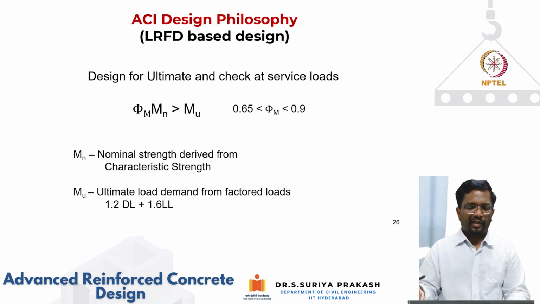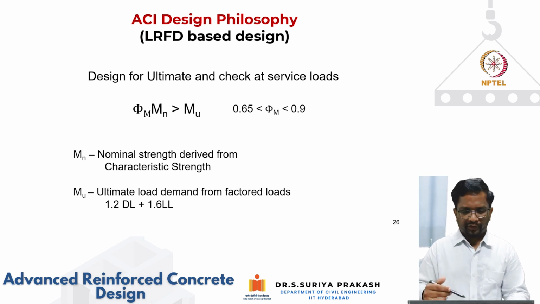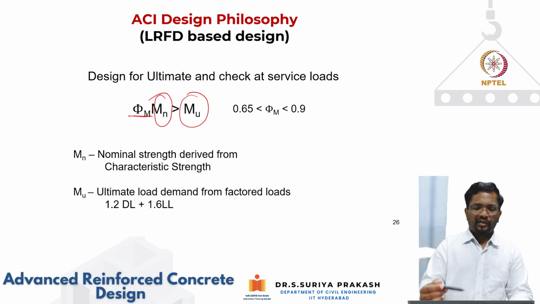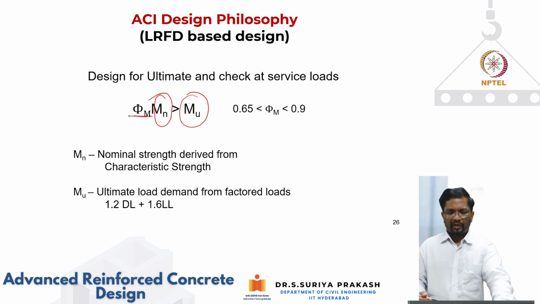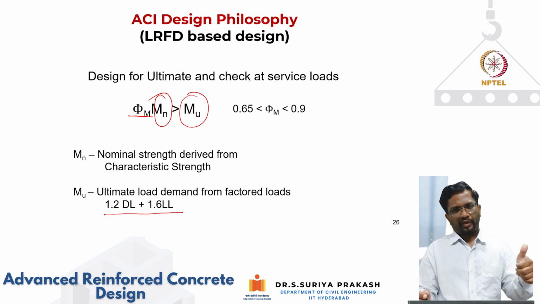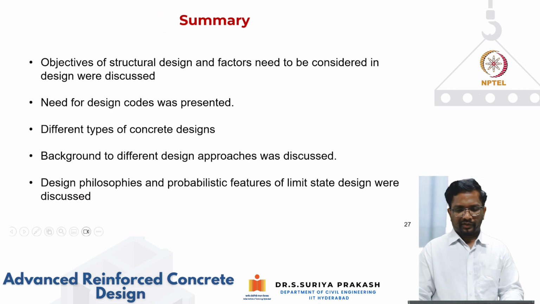This is called the LRFD method, load resistance factor design approach. And this is your demand and this is your nominal capacity, and this is reduced by the strength reduction factor. Okay. And also you can see here, as I've told you, the load factor for dead load is 1.2 and for live load it is 1.6. In the IS code, we have 1.5 as a load factor for both dead load and live load. So these are some differences.